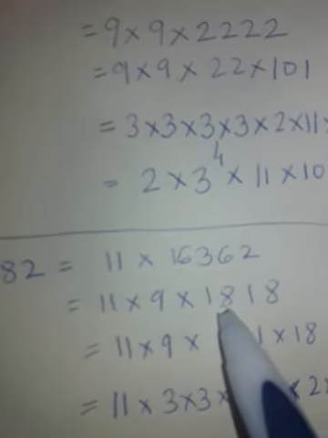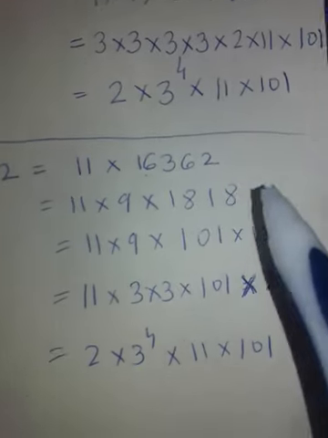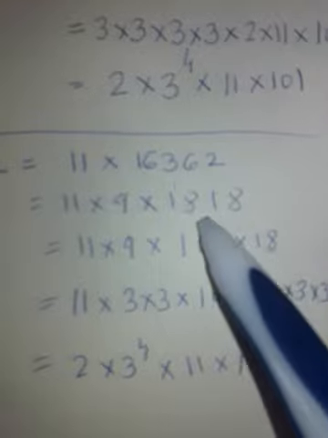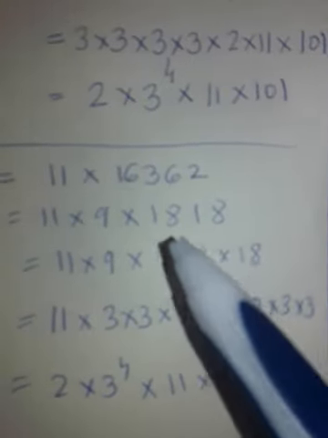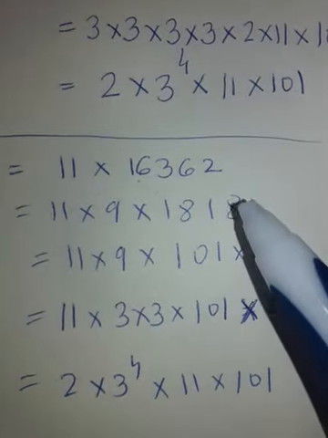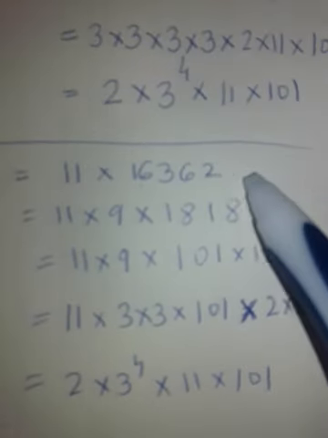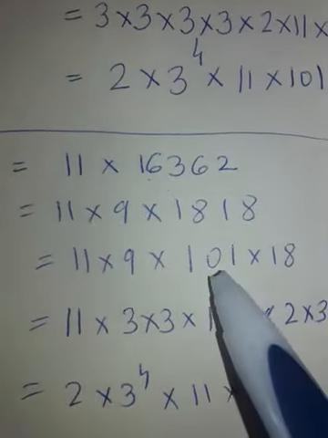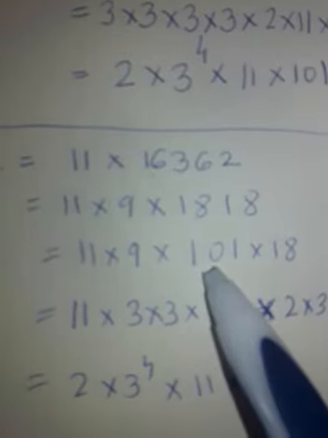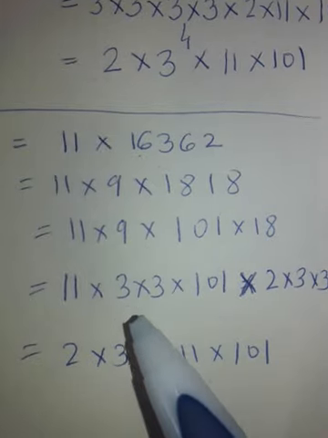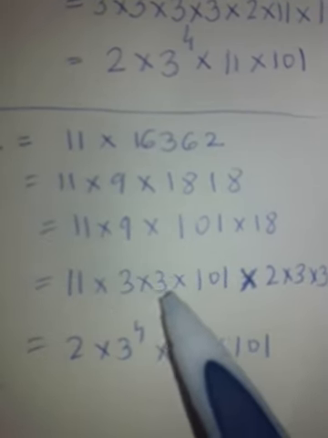I get 9 into 1818. When I look at this number, this is definitely divisible by 18. 18 ones are, then 0 and then 18 ones are. So I am going to copy this and factorize it like this, 18 into 101. Now this is prime, but 9 is factorized as 3 into 3.